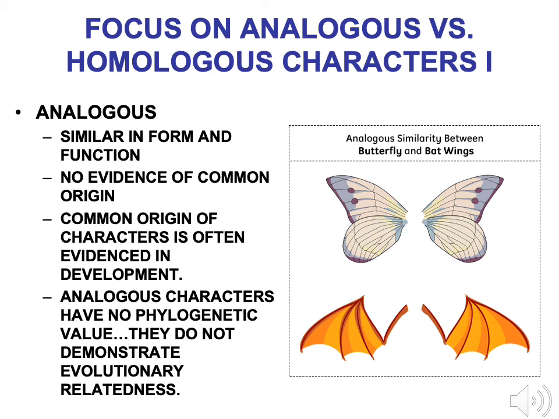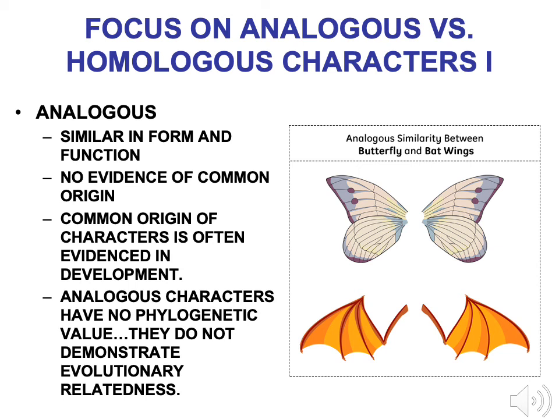It's called ontogeny recapitulates phylogeny. Ontogeny, that's O-N-T-O-G-E-N-Y, recapitulates, that is, replays, phylogeny, which is evolution. Ontogeny, the word that means development. So development replays evolution.